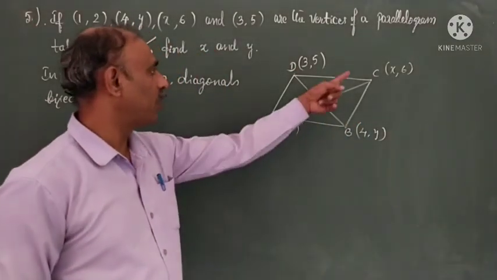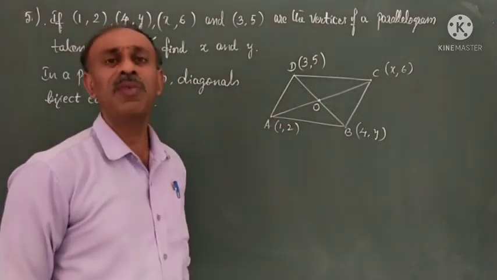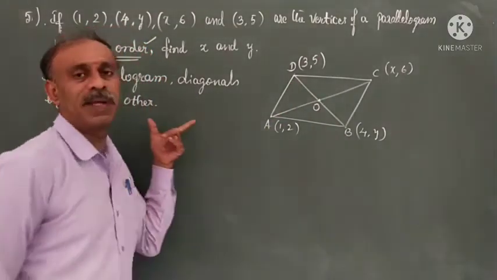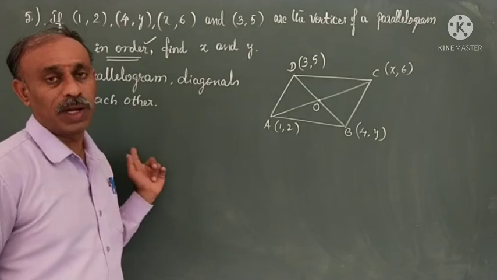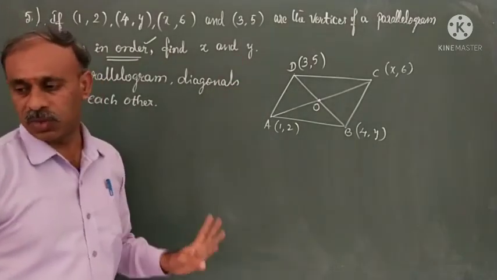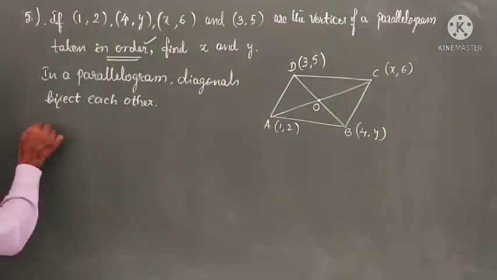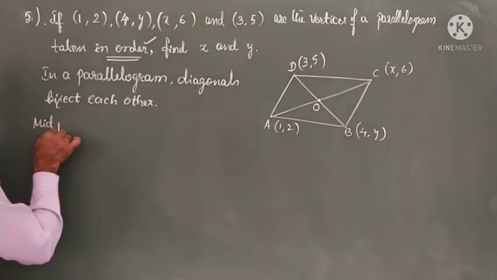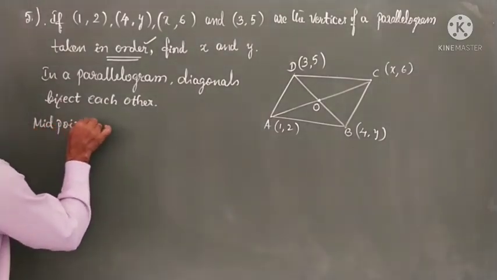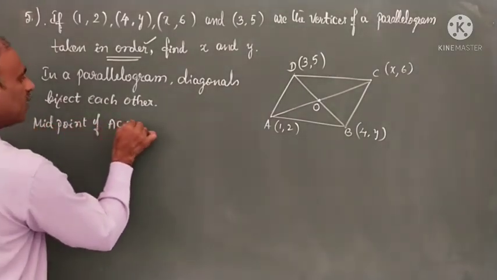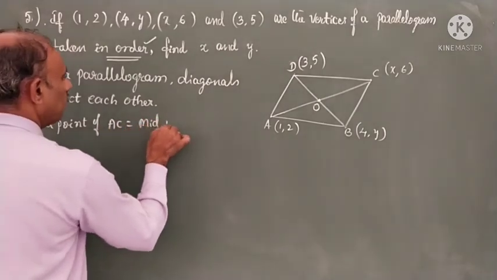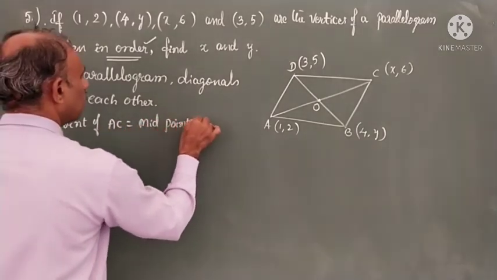Okay? Midpoint of AC equals midpoint of DB. So that property we are using here to find the x and y values. Midpoint of AC is equal to midpoint of BD.